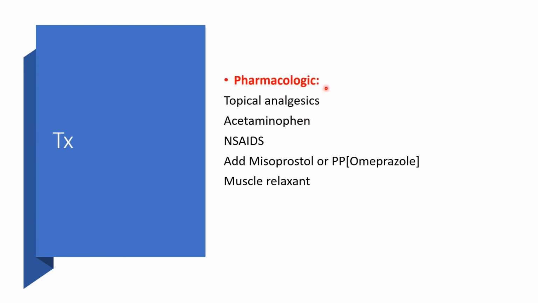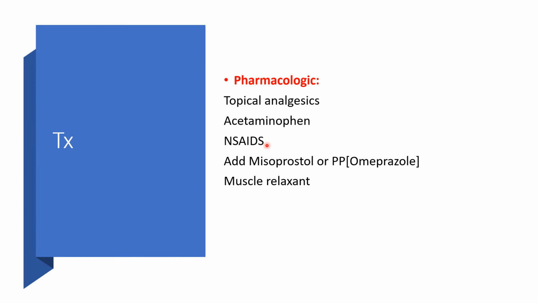Now, pharmacological intervention. We will start with the lower rung, okay? Topical analgesics, Voltaren, and so on. Acetaminophen, Tylenol, paracetamol, whatever you call it in your region. Non-steroidal anti-inflammatory drugs. Here, I will not rush through this.